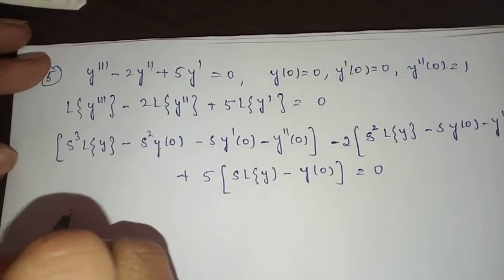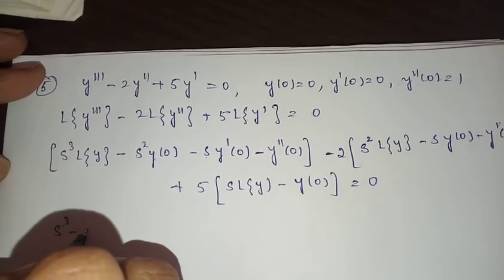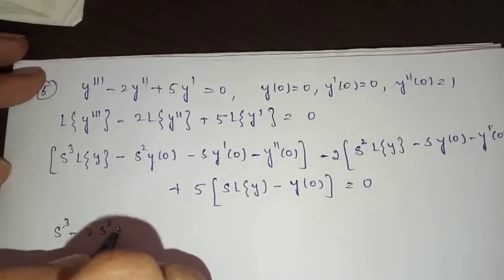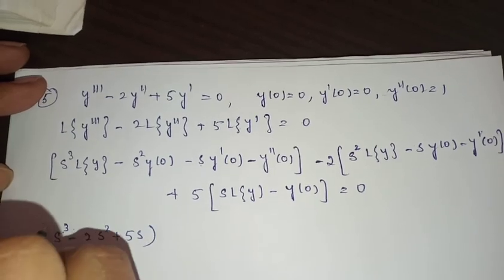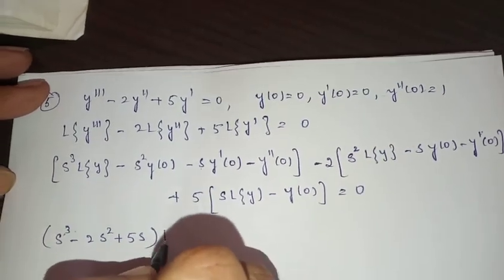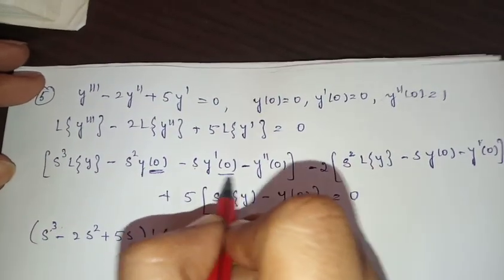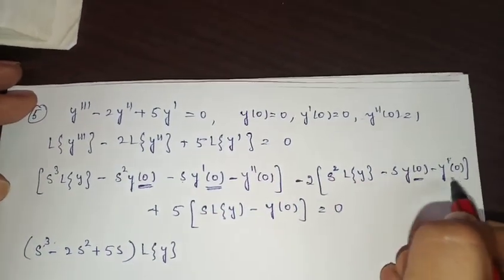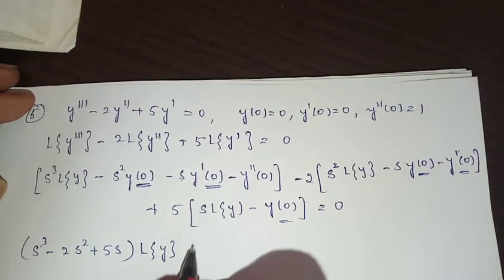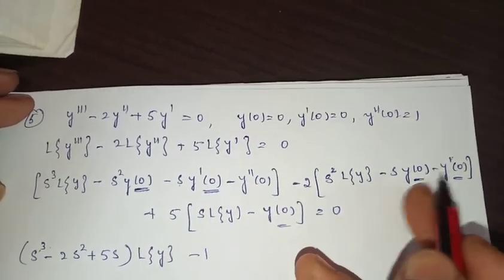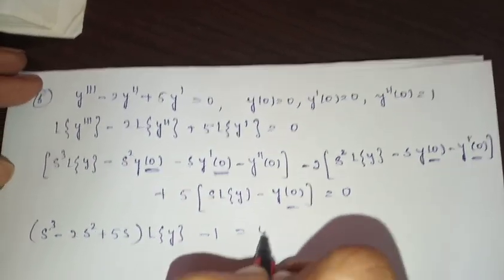So taking all Laplace transform of y terms together, s cube minus 2s square plus 5s into Laplace transform of y. Now this is 0, this is 0, this is 0, this is 0 and this is 0. So you have minus 1 and all these are zeros, is equal to 0.